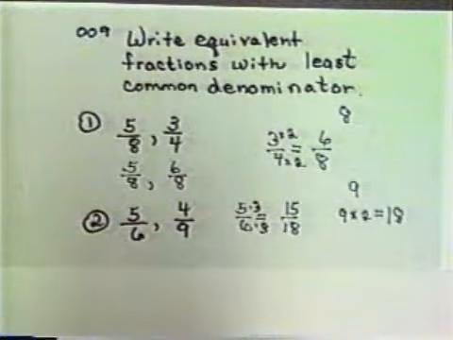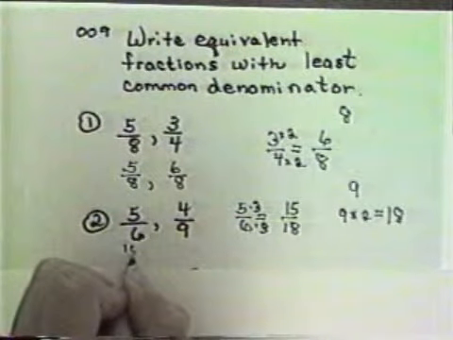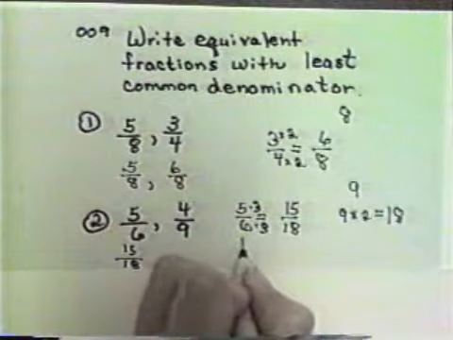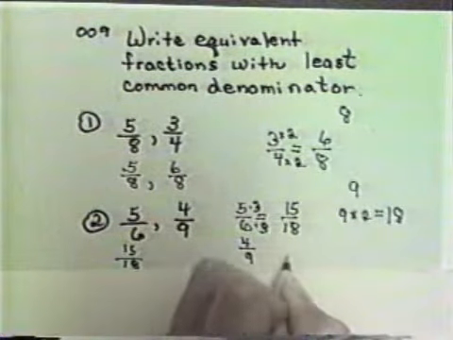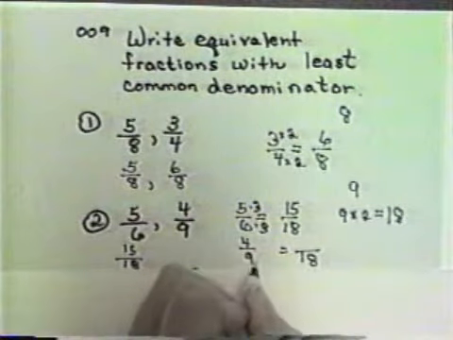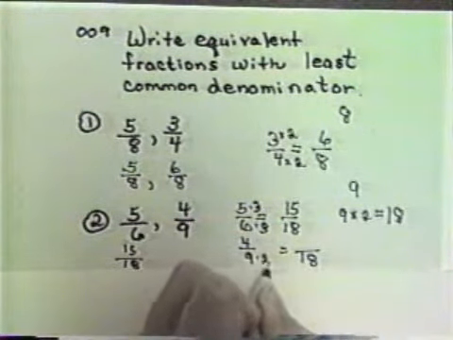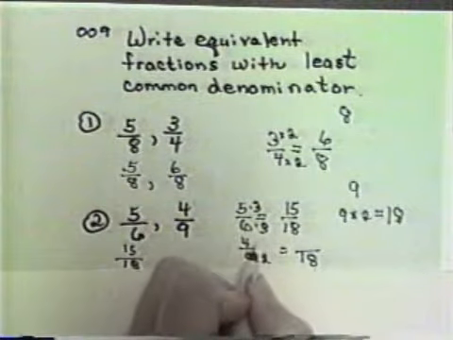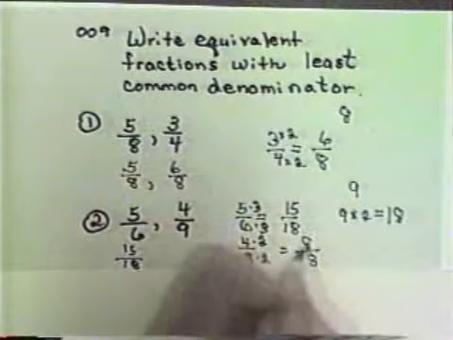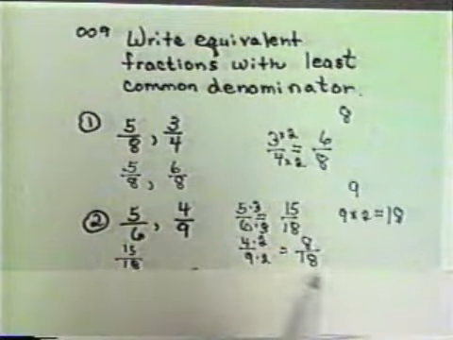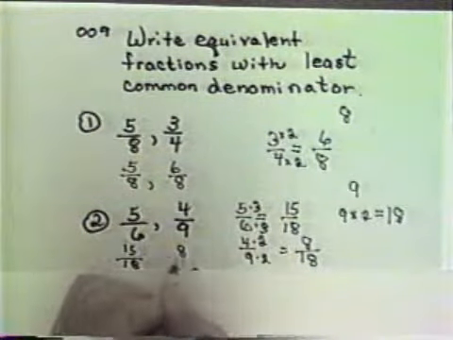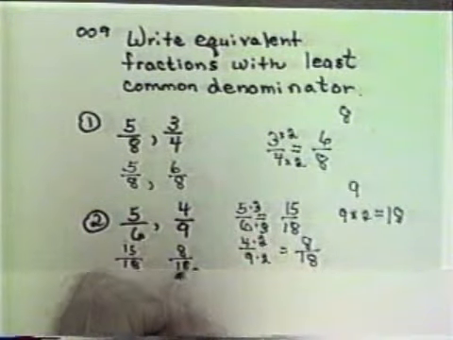So the 5/6 turned into 15/18, and then if we take the 4/9 and try to turn it into so many 18ths, 9 times 2 gives us 18, so we can multiply the 4 also by 2 and get 8. You have to multiply them both by the same number. So that makes 4/9 turn into 8/18.